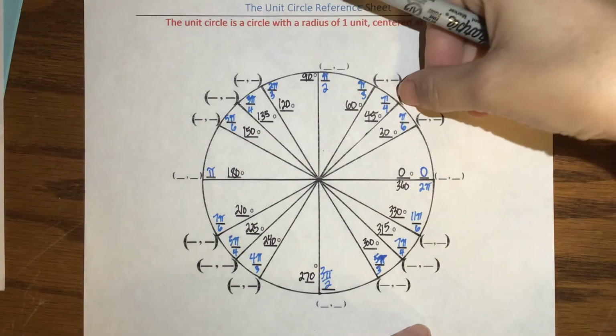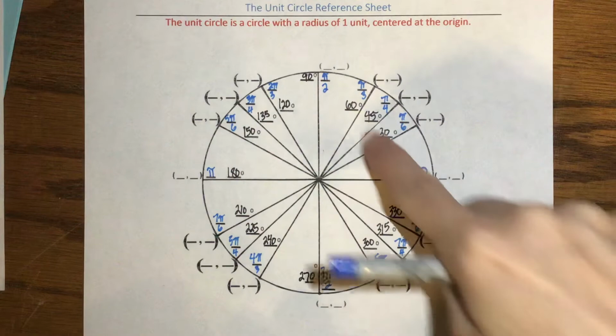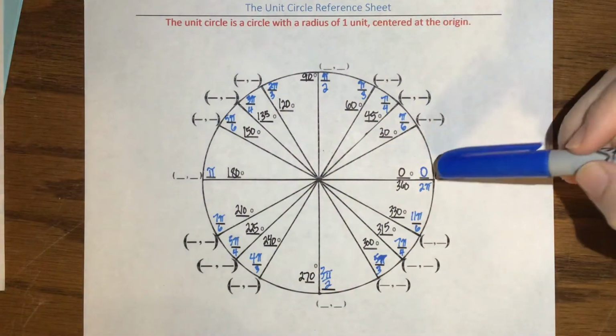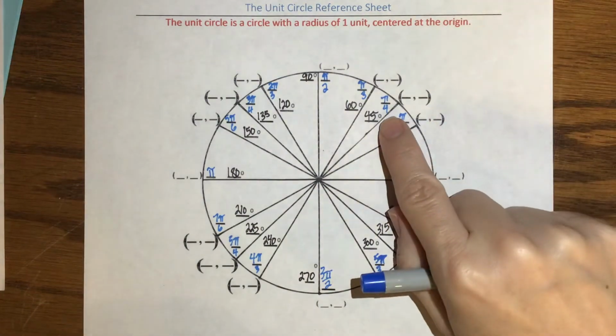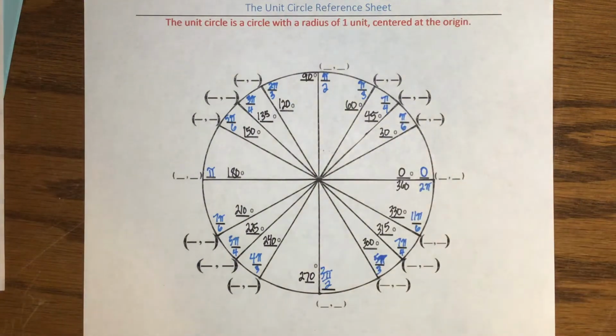We talked about how the pi over 4 splits this into 4 equal pieces, which means it splits 2 pi into 8 equal pieces, right? So what I actually do is I go 0, 1 pi over 4. I'm just going to do the pi over 4s. In fact, let's go ahead and do a little bit of color coding.